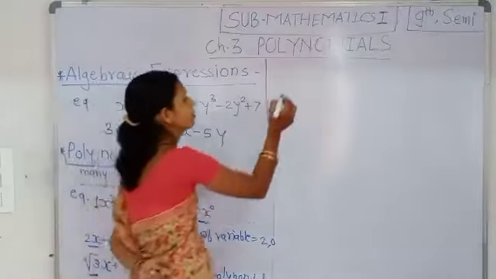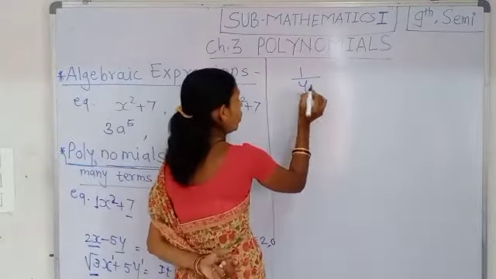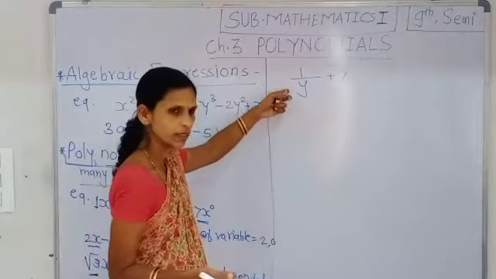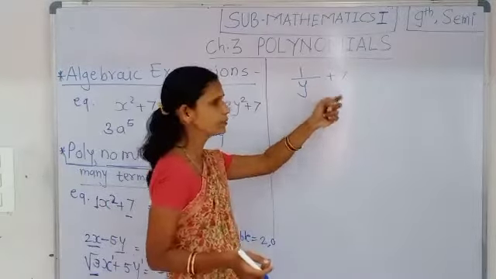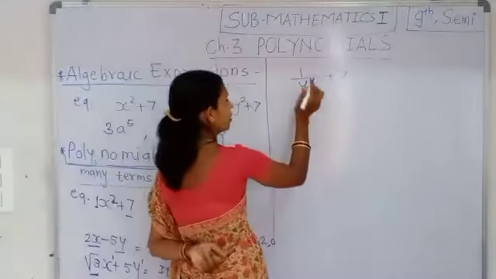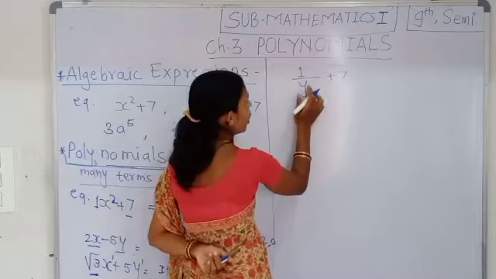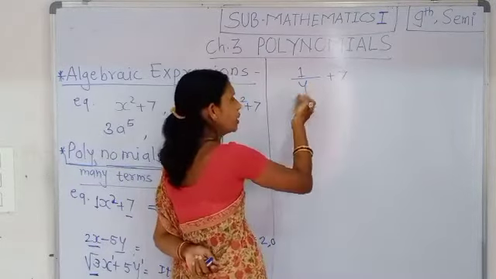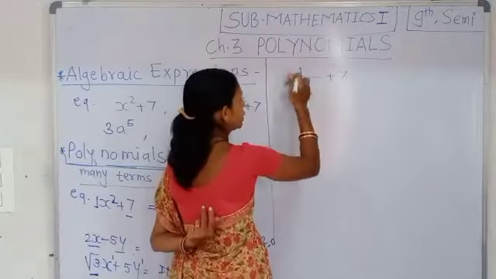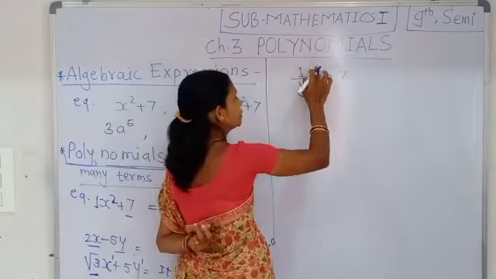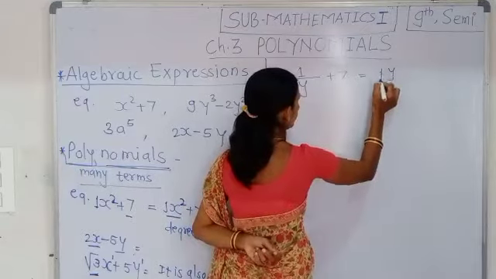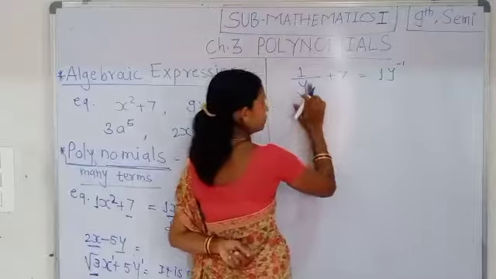Then see here, 1 upon y plus 7. Is it a polynomial? We have to find out whether this given algebraic expression is a polynomial or not. First of all, the variable y is in the denominator. We have to convert it so that the variable is in the numerator.